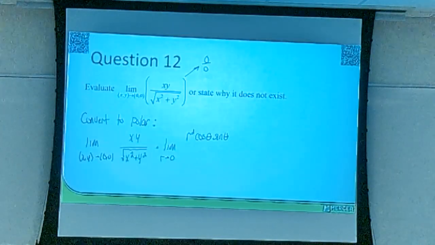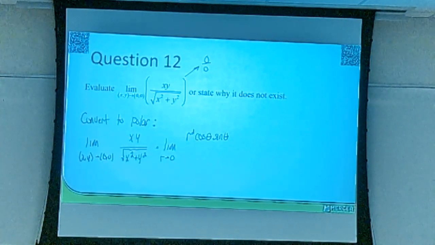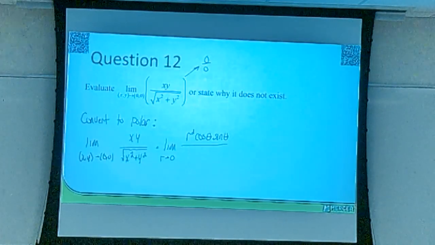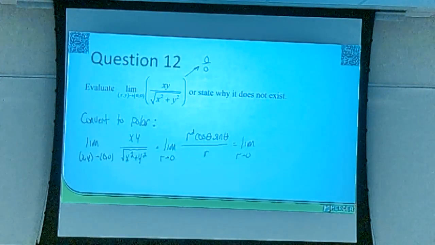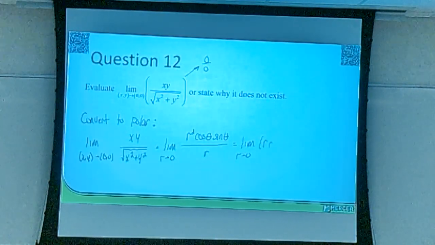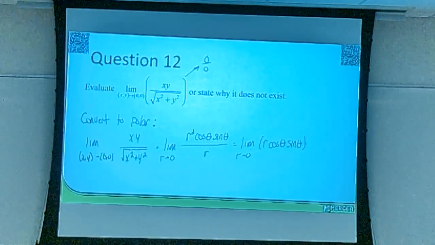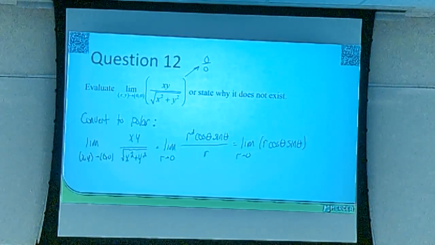The numerator is going to be r squared times cosine theta times sine theta. What about the denominator? And since we're approaching 0, you're allowed to cancel out those r's.